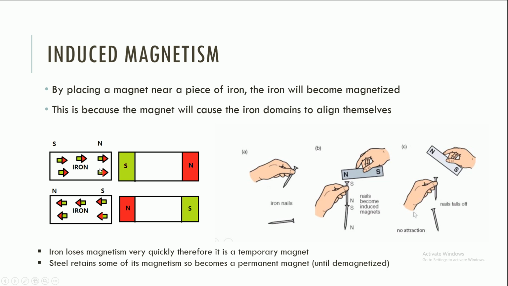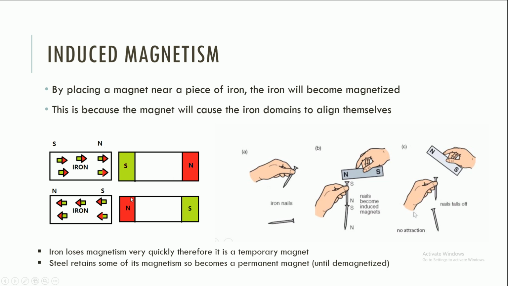Ultimately, what that means is this iron will always get attracted to the magnet because the domains will align themselves because of the magnetic field from the permanent magnet. If you look at the entirety of the iron piece here, the north pole inherently will be attracted to the south pole here, so therefore you'll get that attraction.